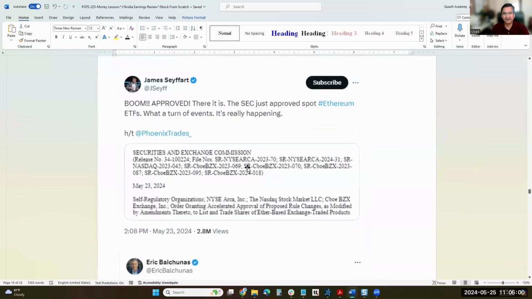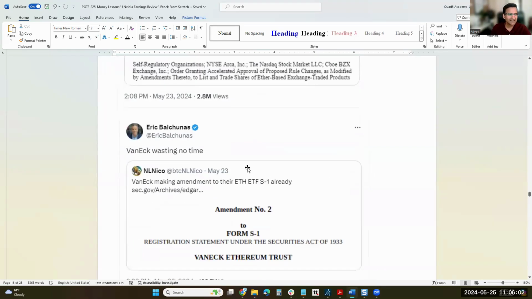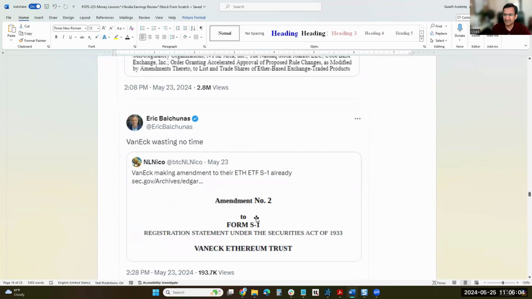And the moment this got approved, 28 minutes after that, VanEck filed their S-1. So generally, before your ETF can start to list and trade on an exchange, there are two steps. One is the 19b-4, in which exchanges put in an application saying, hey, we are amending the rules of what we're going to list. The SEC approved that. It is a different division of the SEC which looks at it, which says, yeah, I think we can monitor it.